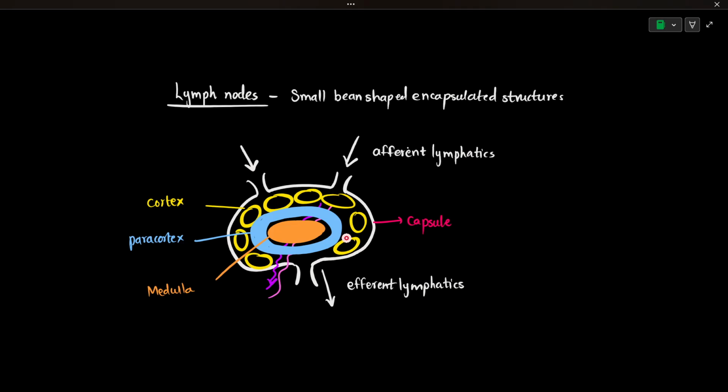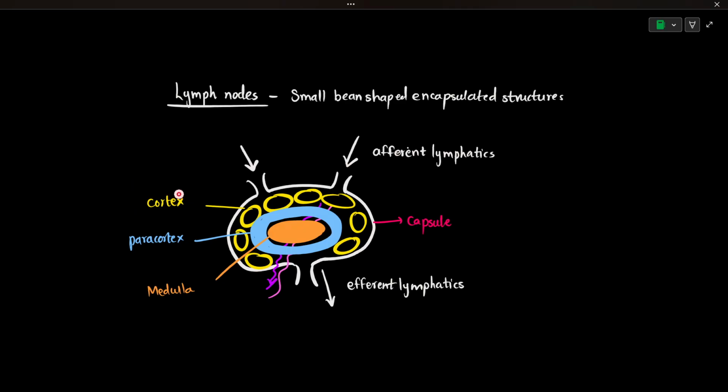All the antigen presenting cells will be interacting with the B cells or T cells which are present inside the lymph nodes. As I already discussed, the B cell zone and T cell zone are different inside the secondary lymphoid organs. The follicles, the cortical region, is the one which is going to have B cells, and alongside that it will have follicular dendritic cells, right?